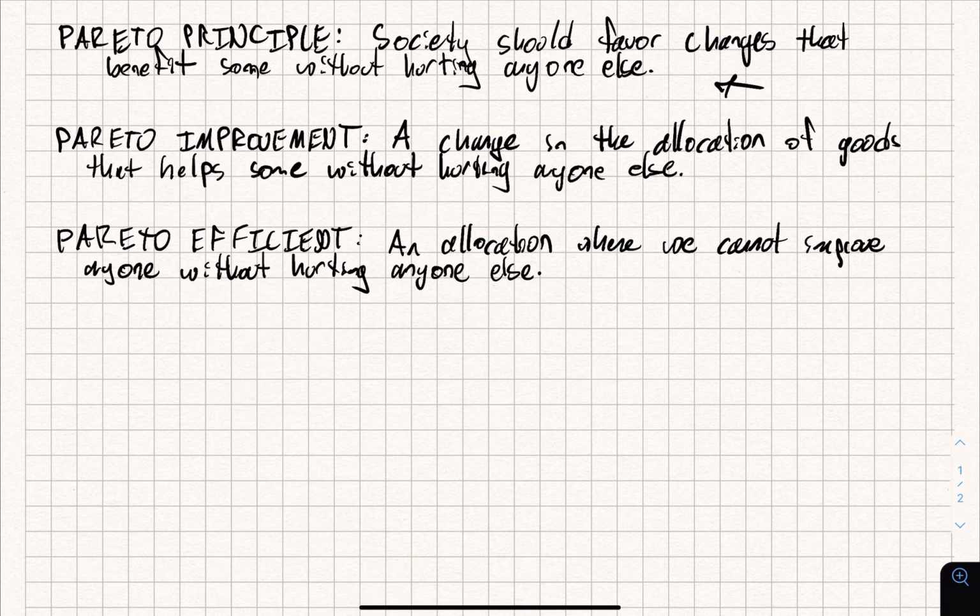But this is equivalent to saying there are no Pareto improvements. So let's write that out too. This is equivalent to having no Pareto improvements.